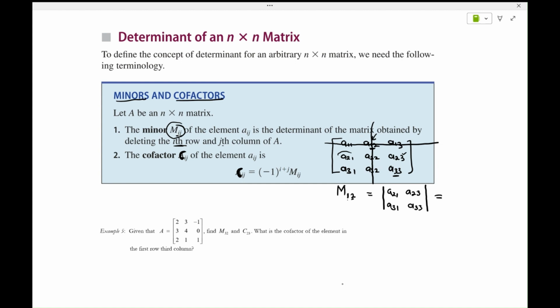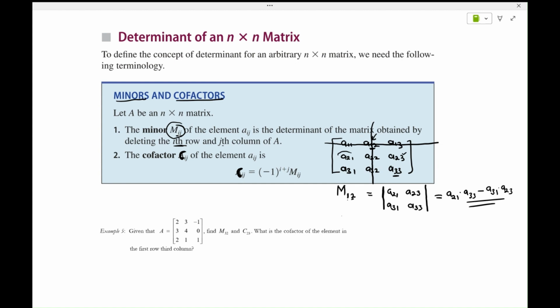You can see this is a 2 by 2 matrix, and we discussed the determinant of a 2 by 2 matrix in our last video. It will just be multiplying this by this. So this is A21 times A33 minus A31 times A23.